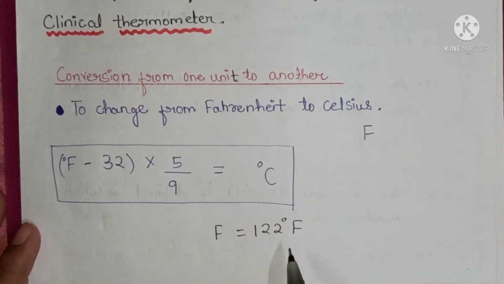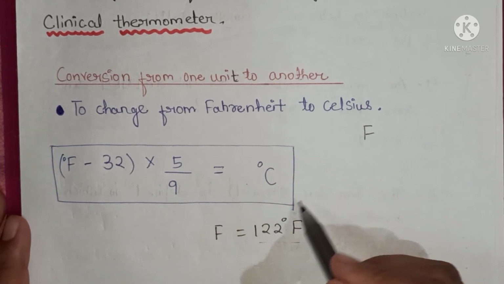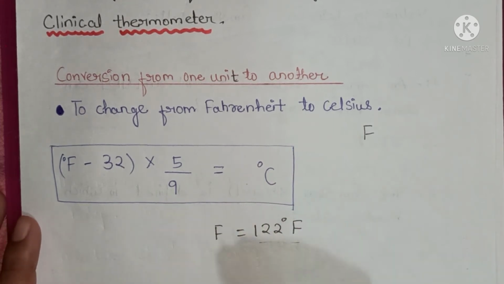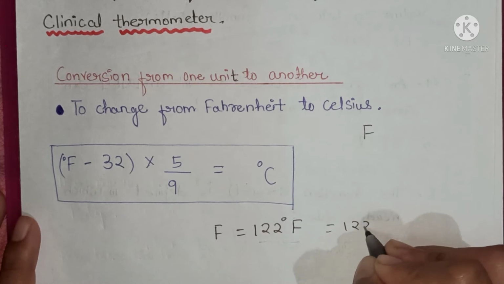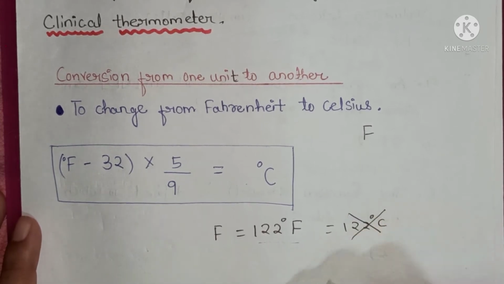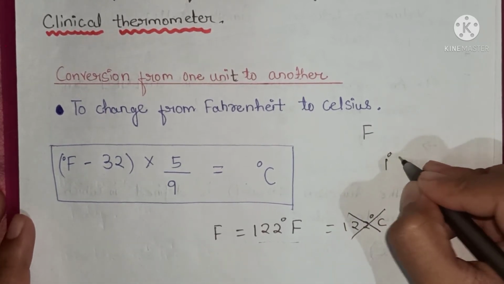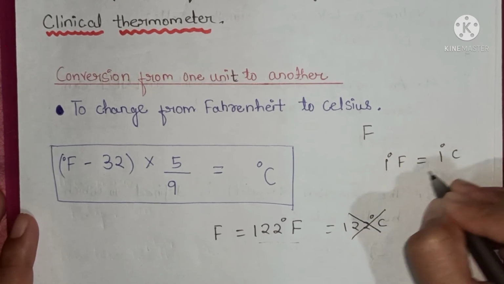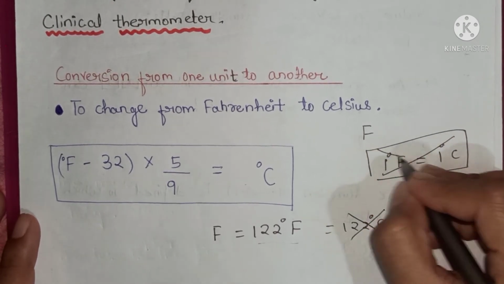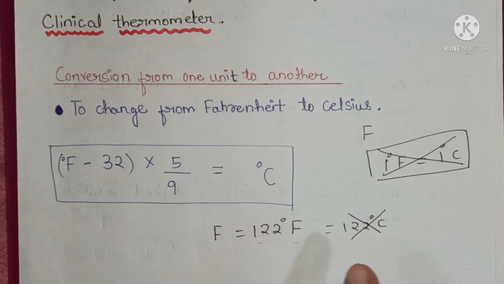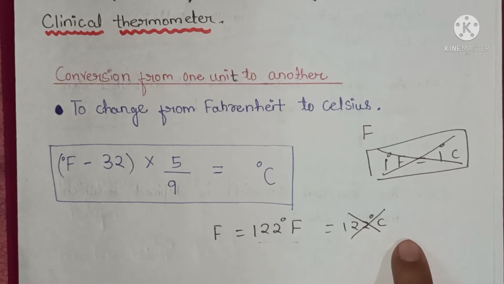We have to convert this Fahrenheit degree into Celsius degree. So we cannot just write 122 degrees Celsius. This will be wrong, because 1 Fahrenheit is not equal to 1 degree Celsius. This is not true. So we cannot write that. We cannot directly write 122 degree Fahrenheit is equal to 122 degrees Celsius.